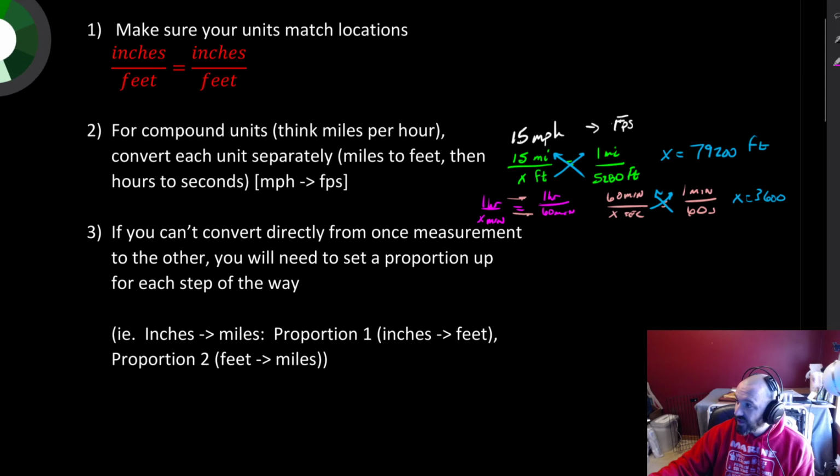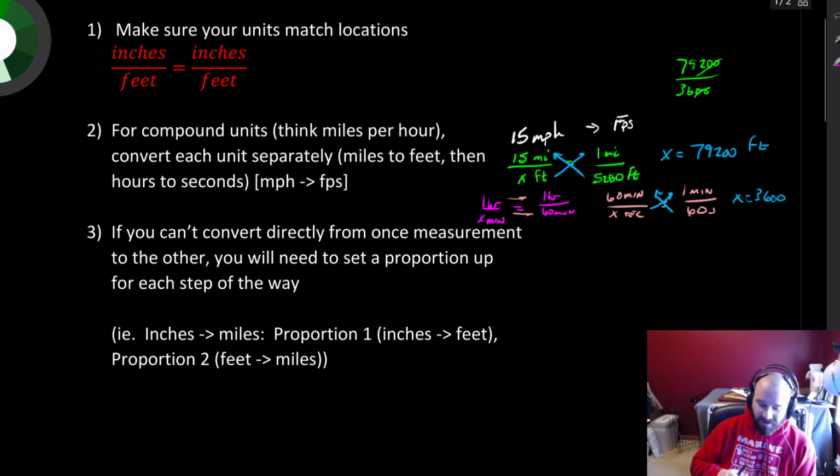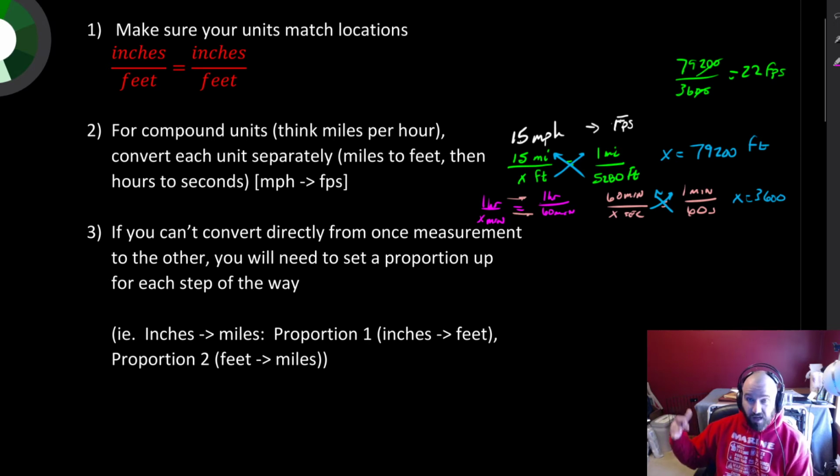So this is going to give me 79200 divided by 3600. Just because I'm lazy, I'm basically dividing top and bottom by 100. So I have 792 divided by 36. This is going to give me 22. So this is now 22 feet per second. And that's how you do a compound unit.